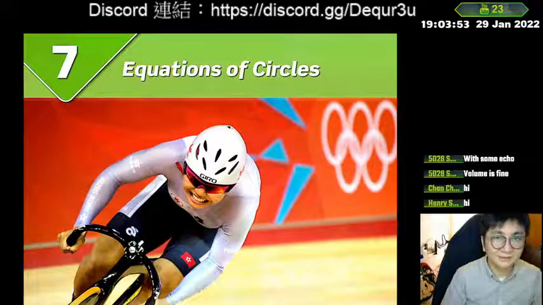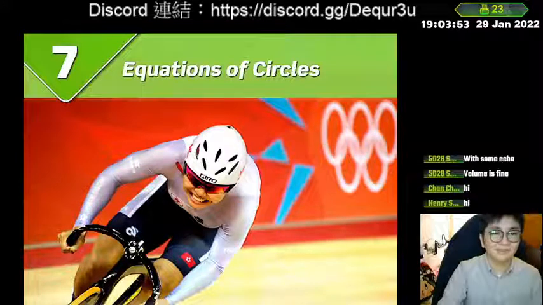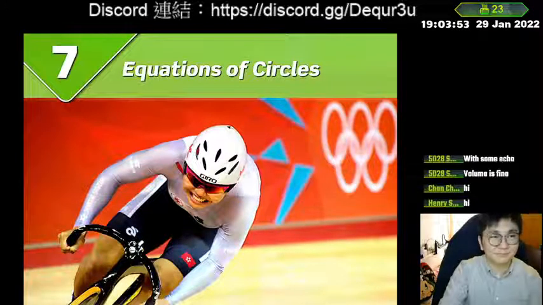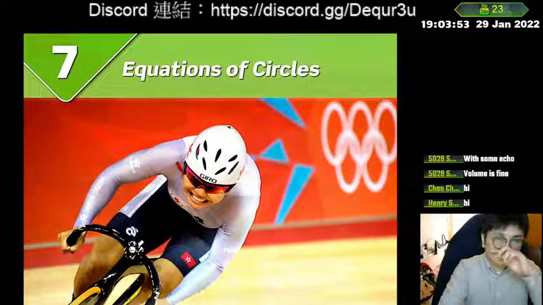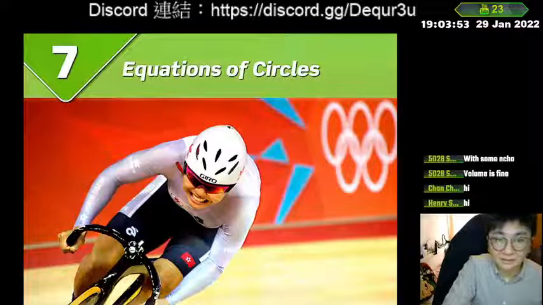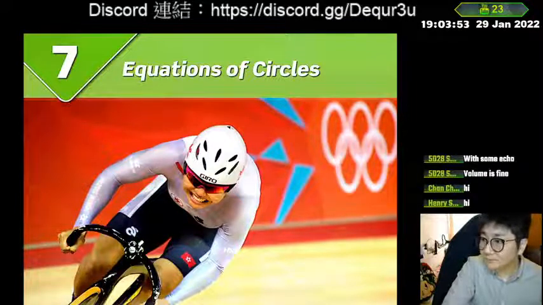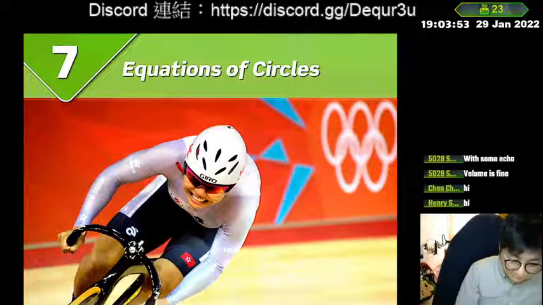So if we have a circle on the xy plane, what will be the relation between x and y? That is, for every point on the circle, how are the points x, y related? We begin.